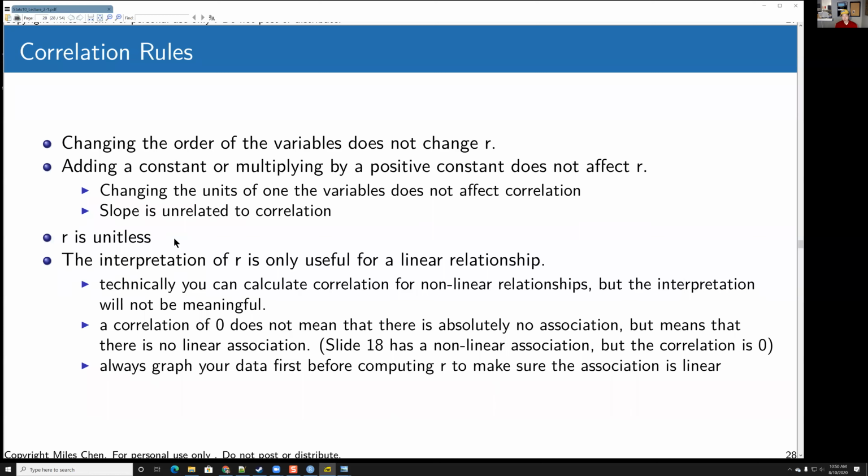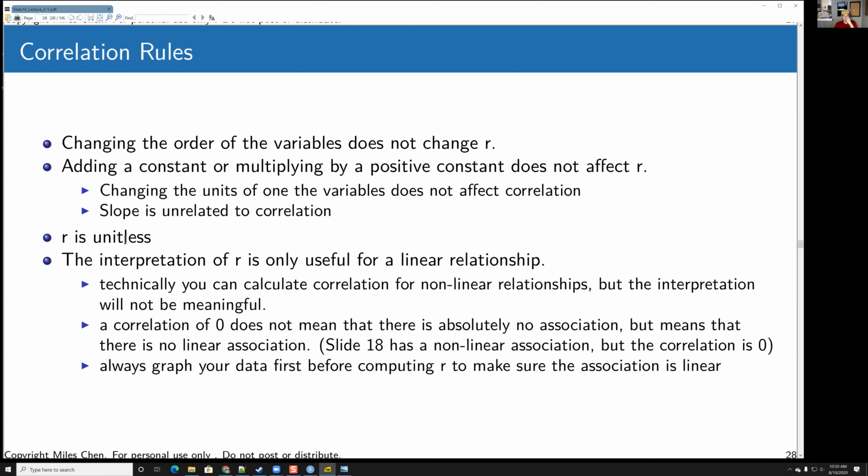The correlation just measures the strength between the X and Y variables. Because changing the units doesn't affect the correlation, you can switch from centimeters to inches and it's not going to affect the correlation.